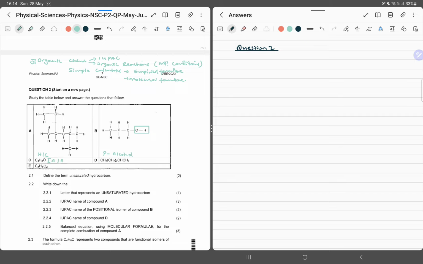Okay, it could be an alcohol. It could be a ketone. Okay, those are the possibilities. But if we look at the hydrophobic end of it, it says C4H8, which is CnH2n, and that eliminates the alcohol. So the alcohol falls off from the possibilities, and we're left with either an aldehyde or a ketone.